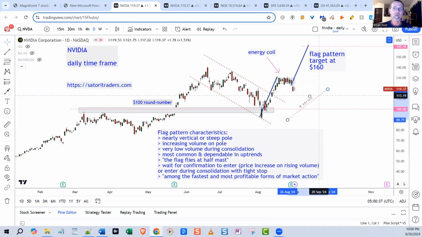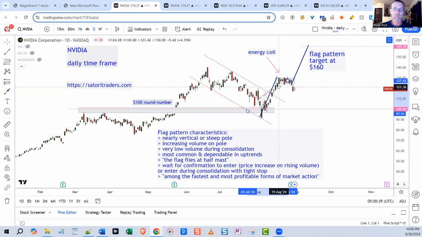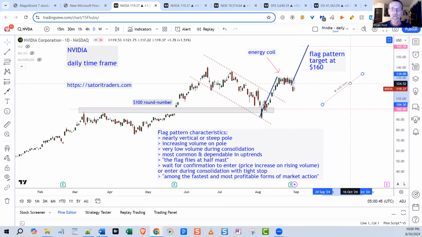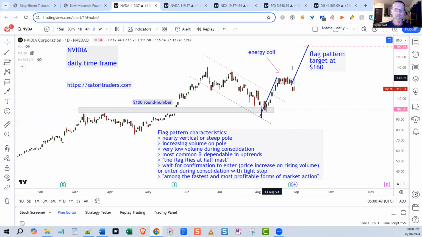That's a steep increase in price in a very short period of time. Clearly we can see that this is more than a 45-degree angle. It's probably like 70. I consider that a steep rise, which is what they're saying there, steep pole.